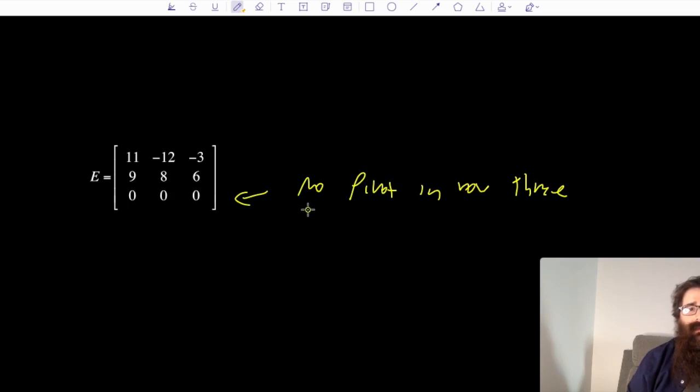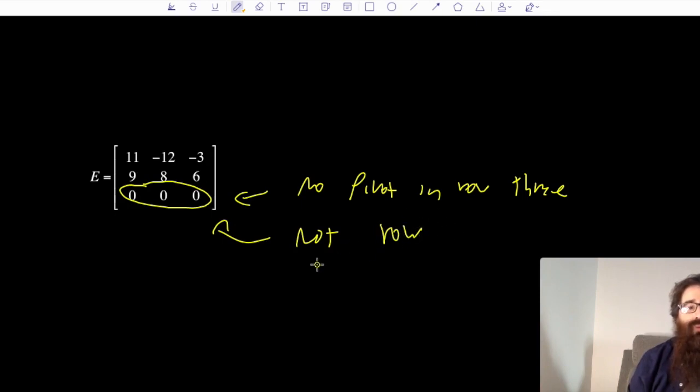Furthermore, if I'm thinking about this being row equivalent to the identity matrix, none of those rows for a 3x3 matrix are allowed to be 0, 0, 0. Right? I'm going to need some pivot in there. Because of this row of all zeros, it's a very bad thing to have here. This is not row equivalent, meaning I can't row reduce it to the identity.